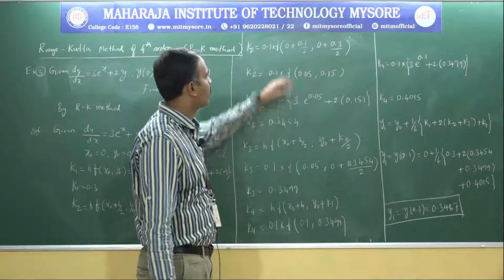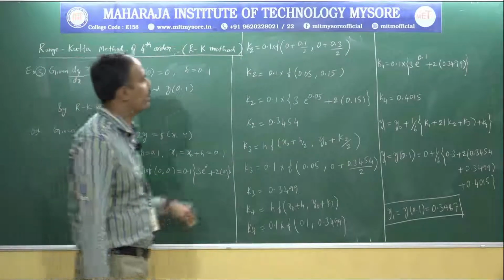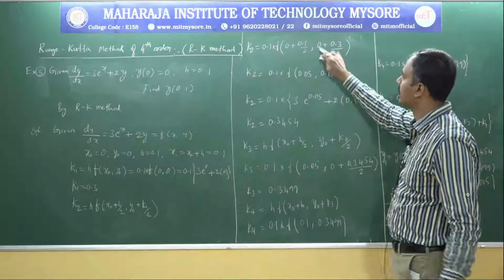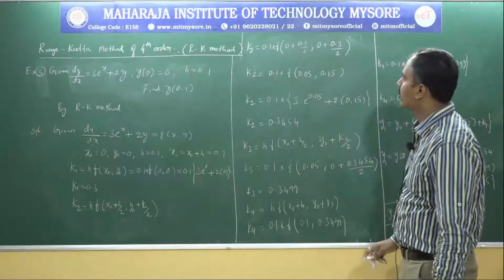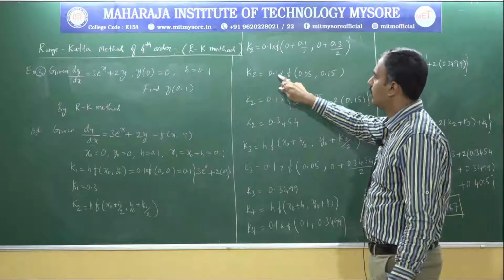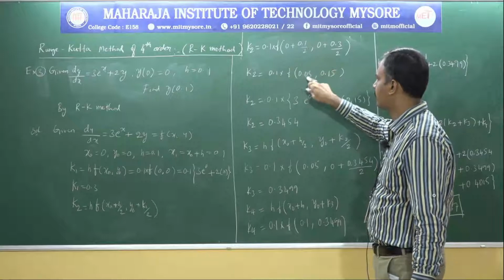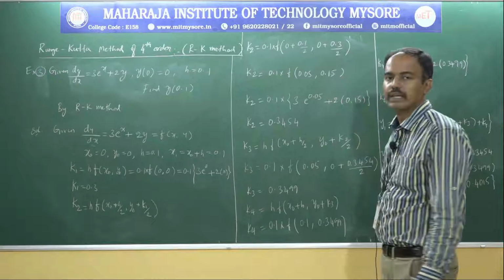Now the next one, y naught plus k1 by 2, means 0 plus 0.3 by 2. So k2 is equal to 0.1 into f of, simplifying 0.1 by 2 is 0.05, and 0.3 by 2 is 0.15.